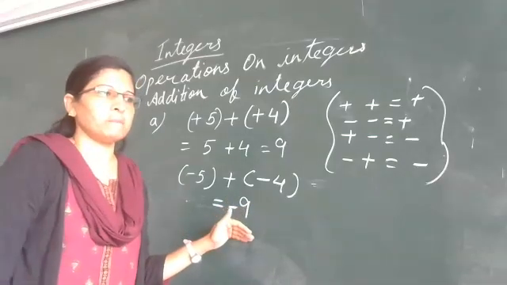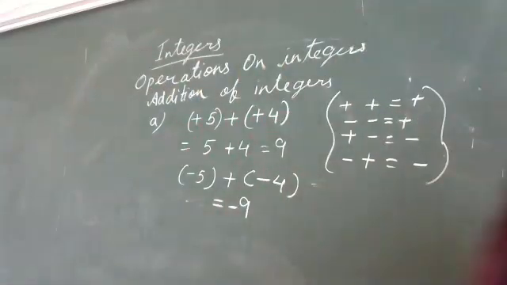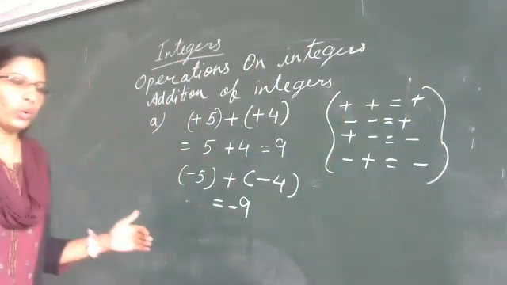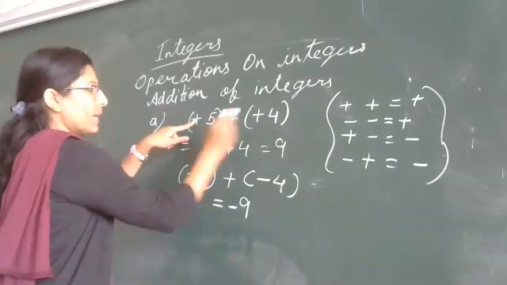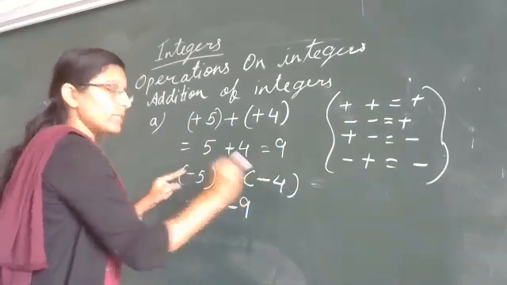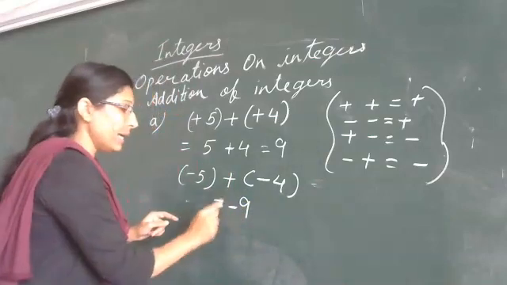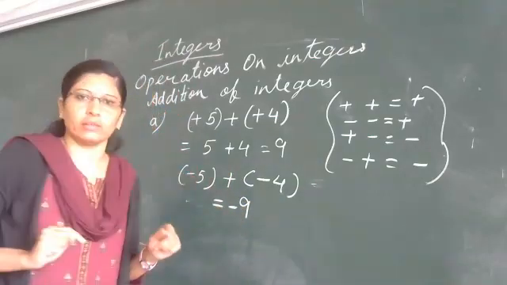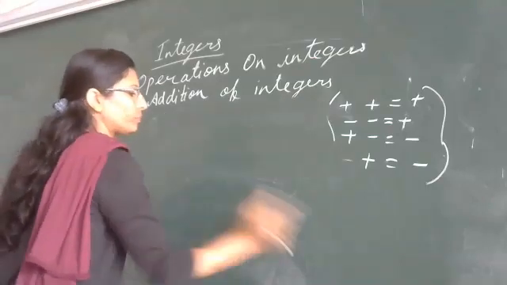Yes, children? Then you are not answering. Sound is not coming. Okay, see here once again. Plus plus, you have to add. When minus minus is there, you have to add only, but the sign will be the greater number's sign. Now I'll ask you to tell me the answer.